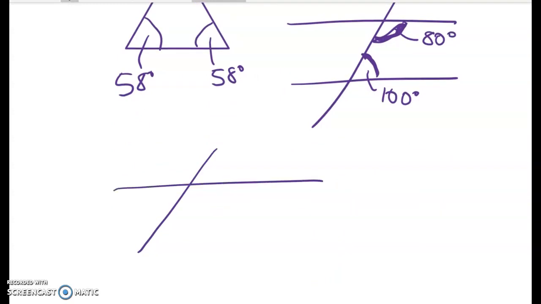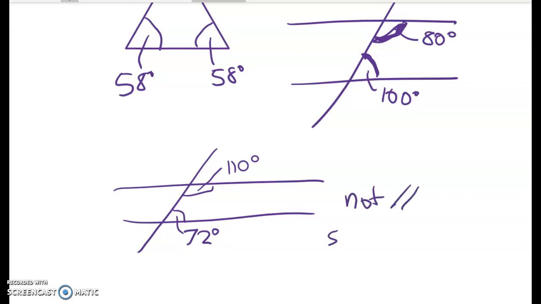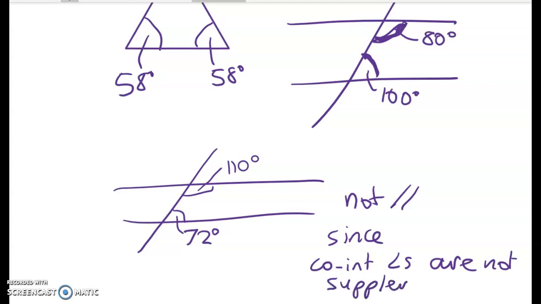Or, if instead we had this one was 110 degrees, and this one was, I don't know, 72 degrees, we'd say that those two lines are not parallel because the co-interior angles do not add to 180, or in other words, are not supplementary.